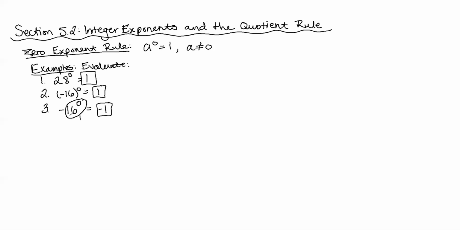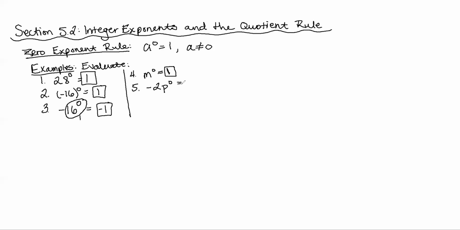And then it's going to be the same thing if we have a variable. So m to the 0 power is still 1. We don't have any negatives messing anything up. This is another one that we have to be careful with. Negative 2p to the 0.